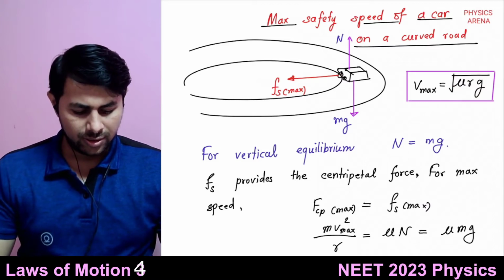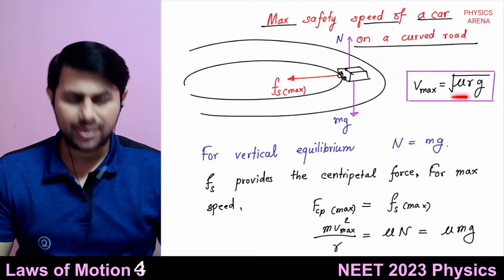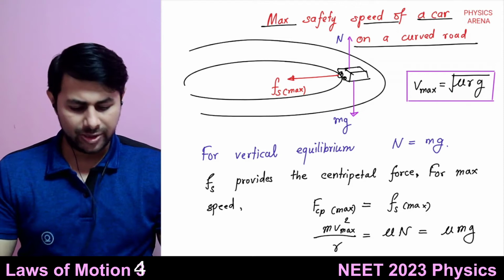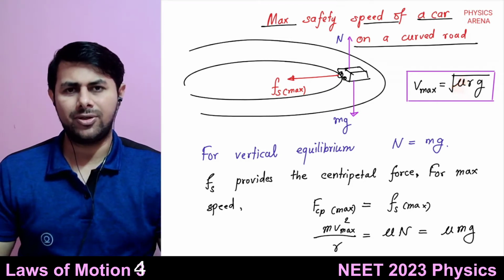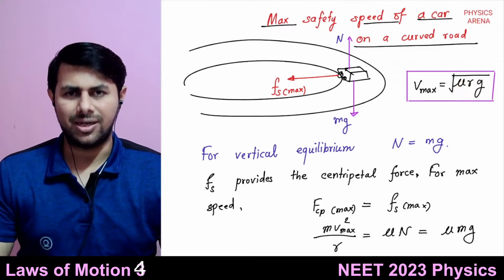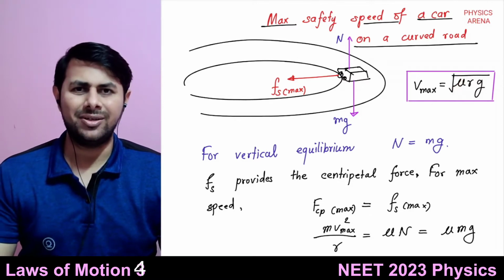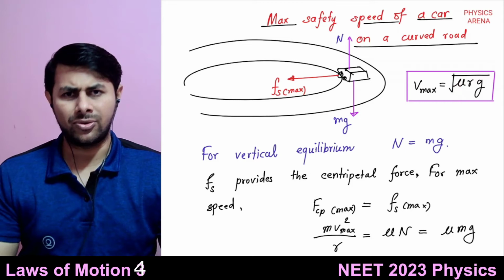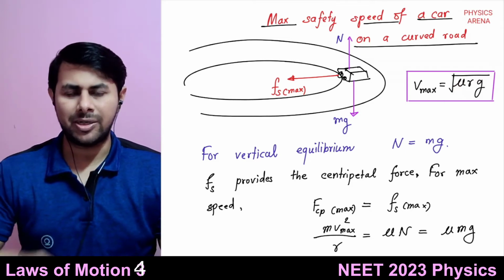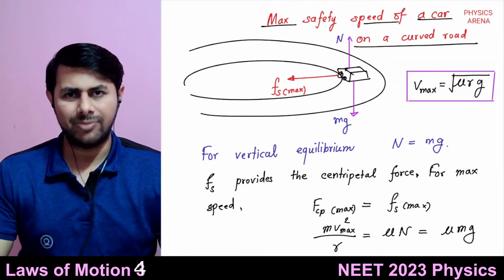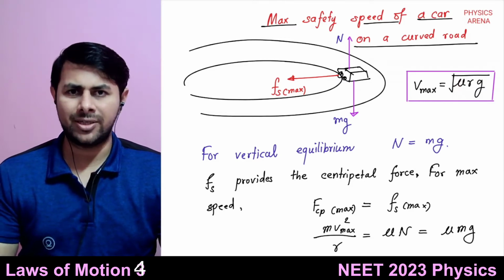But now we cannot rely on this safety speed limit. It is because the coefficient of friction depends upon the weather conditions. By weather conditions, I mean that if the road is oily, some oil gets sprayed, or it becomes wet in rainy season, the coefficient of friction will decrease.